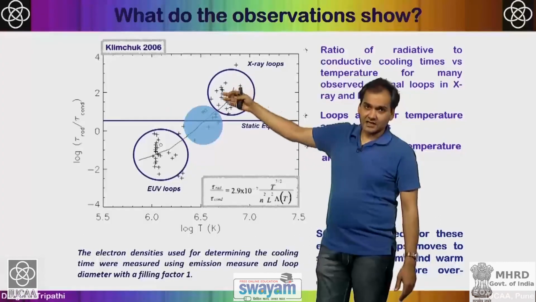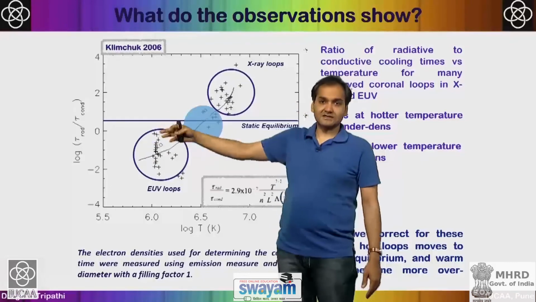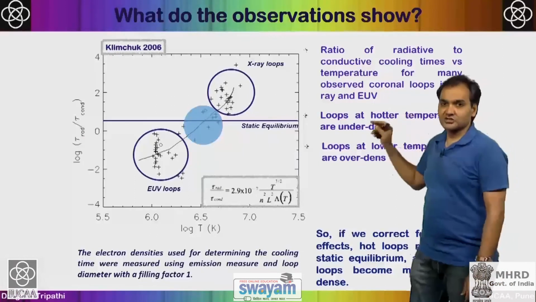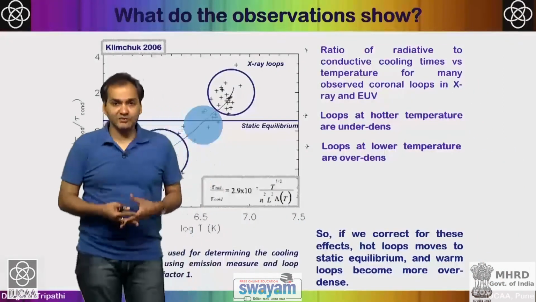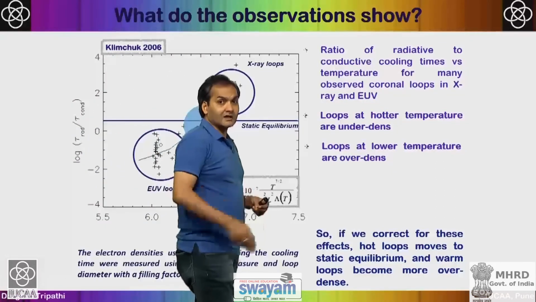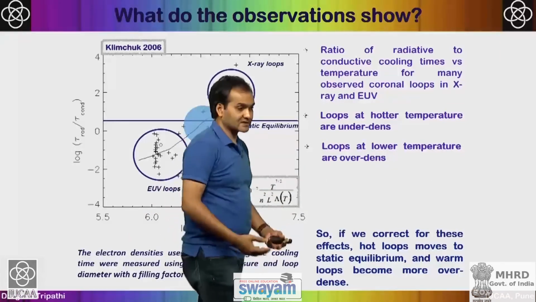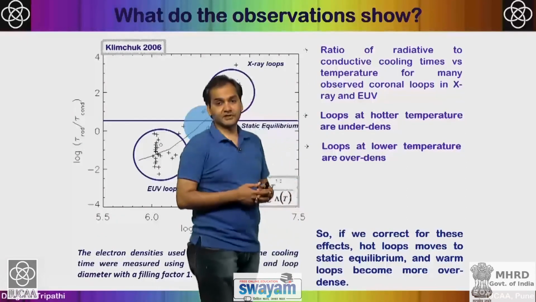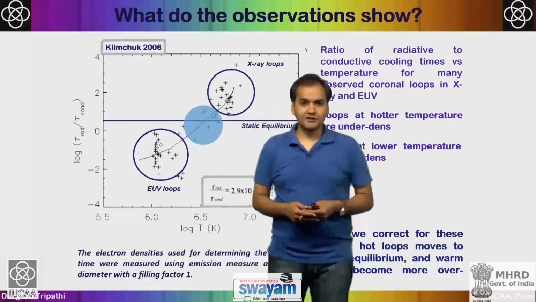The hot ones are above that line and the UV loops are below it. So essentially the loops at hotter temperatures are under-dense, less dense than anticipated through steady equilibrium, and the loops at lower temperatures are over-dense, so the density is larger than what you expect from steady equilibrium. Now, there are other assumptions which have gone into this measurement.